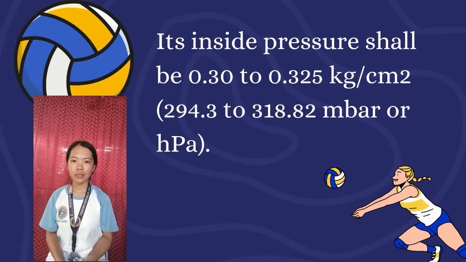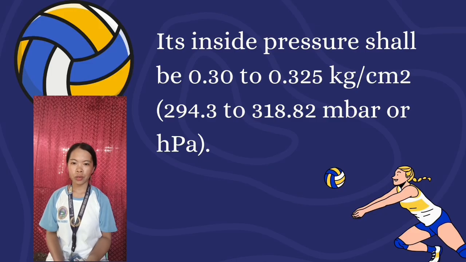The last standard is inside pressure shall be 0.30 to 0.325 kg per cm squared, 294.3 to 318.82 in mbar or hPa, hectopascal. So the ball must have the right air pressure inside.